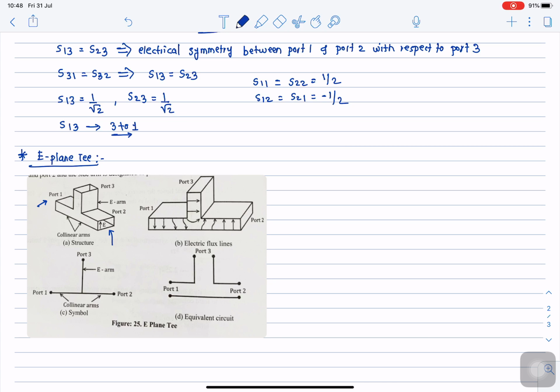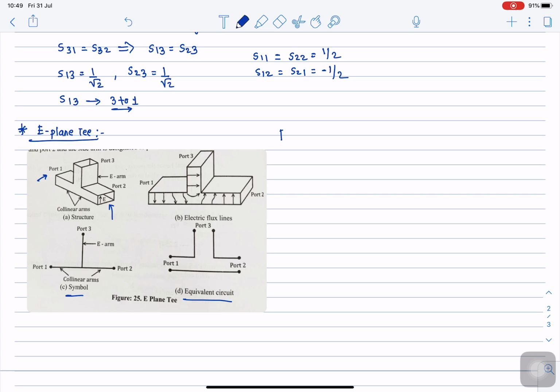So if you compare the property of the E plane T with that of the earlier studied H plane T, we notice that this particular 3-port junction based device is going to behave exactly opposite to the H plane T. Here again we will assume the condition that port 3 is perfectly matched.